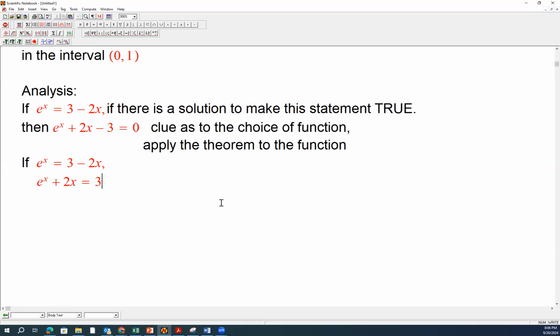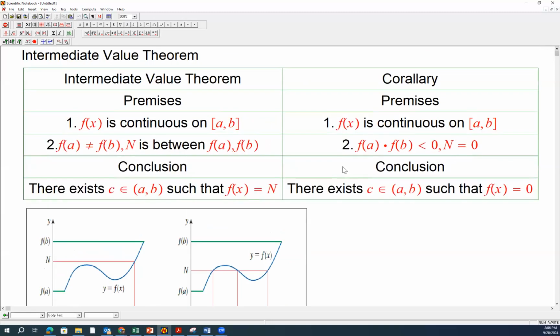So you can make your capital N be 3. But then you have to construct an interval a, b, so that capital N is between f of a and f of b. Is the given interval working for that?